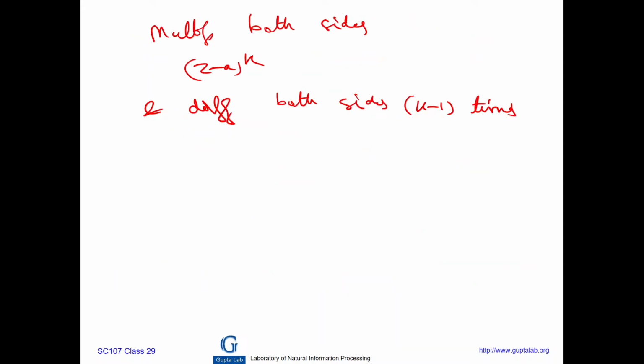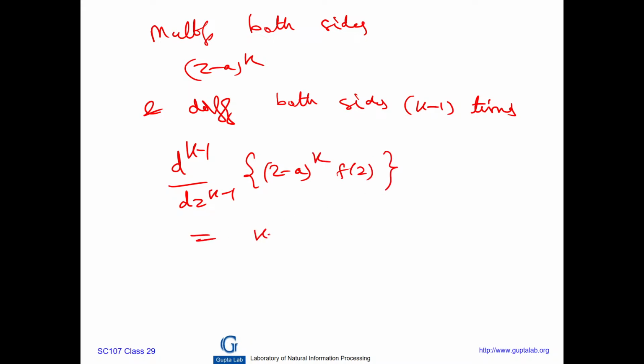So what we get here is that if you differentiate k minus 1 times z minus a whole raised to power k f of z, you get something like this: factorial k minus 1 a minus 1 plus k times k minus 1 and so on, right? हम तो खाली इसकी चिंता कर रहे हैं, बाकी हमें कोई मतलब नहीं है.